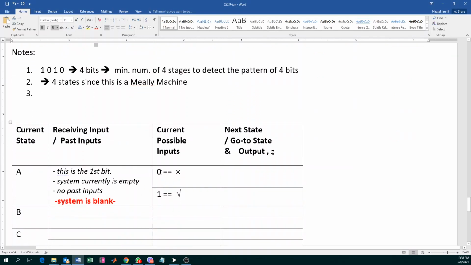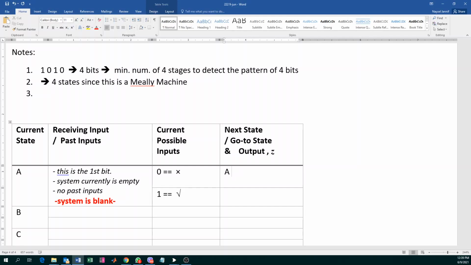But if you receive a 0, if your input X is a 0, therefore this thing gets rejected. You're still stuck. So where do you go? Well, you stay at A because you have not moved forward. And what about 1? If you have 1, you move to the next stage. You qualify into the next stage.